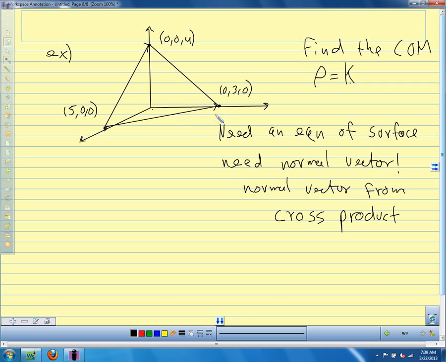From the lines that it makes in the coordinate planes, we would get y equals some function of x in the xy plane. So we get our limits of integration on y, and then we know that x varies from 0 to 5. So we could set up our triple integral to find our center of mass from those pieces of information.